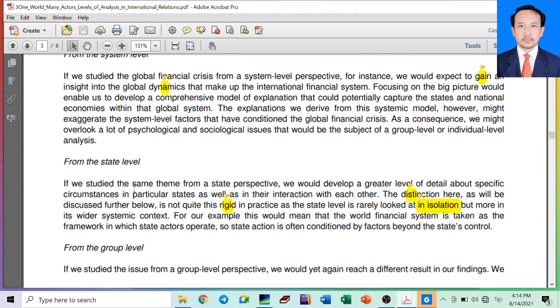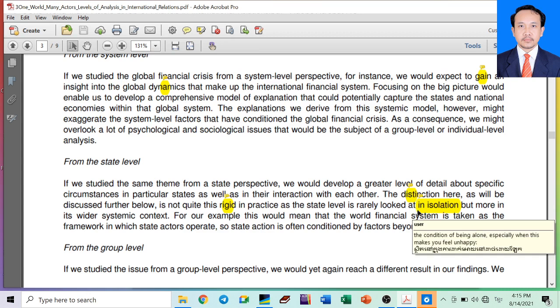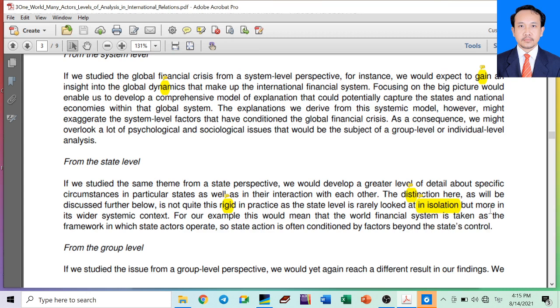If we studied the same theme from a state perspective, we would develop a greater level of detail about specific circumstances in a particular state as well as in their interaction with each other. Their distinction here, as will be discussed further below, is not quite as rigid in practice as the state level in reality looked at in isolation, but more in its wider systemic context.